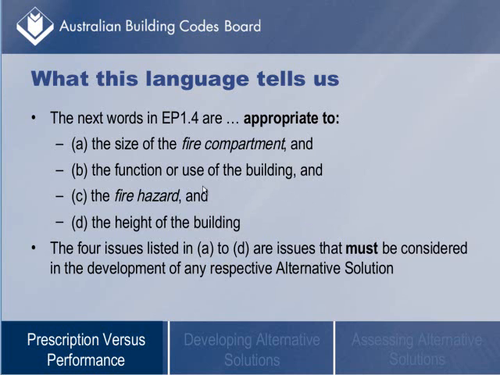And you see the word "and" being used here? It means you need to read them in conjunction with each other. If it's an "or," it's a one or the other, but when it's an "and," all of them have to be considered. So whenever you see "and" used in the BCA, keep reading because you have to keep complying. If you see "or" used, you can pick one or the other. It gives you an option there. So it's important to understand that.